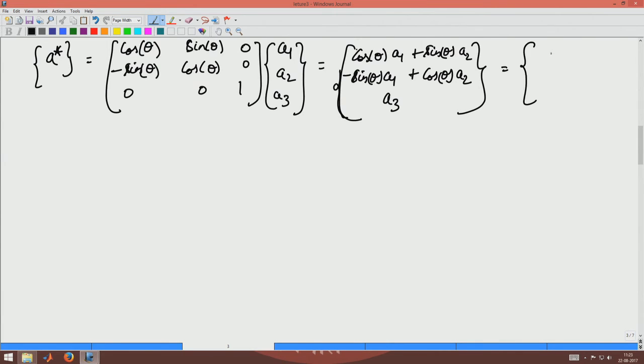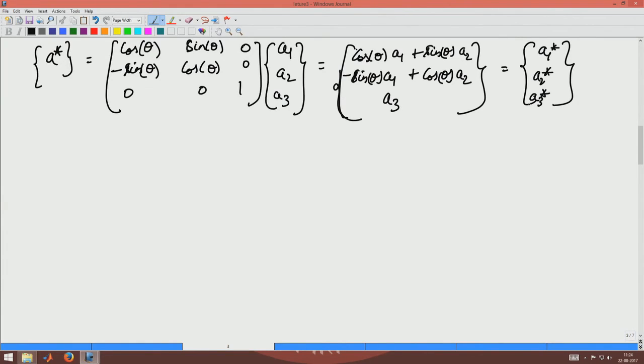This is a1 star, a2 star, a3 star. So, for a planar rotation, theta can be any value. All this set of values that you get by multiplying cos theta and sin theta with a1 and a2 are admissible components of the vector. All these, a1 star, a2 star, a3 star, are also admissible components of that vector A and represent the same vector, okay.